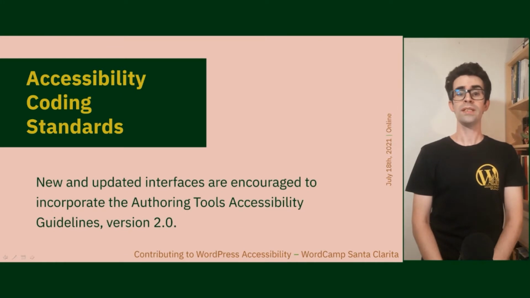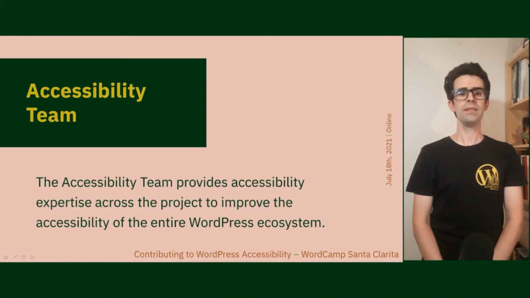Also, new and updated interfaces are encouraged to incorporate the Authoring Tool Accessibility Guidelines, version 2.0. What the accessibility team does is to provide expertise across the project to improve the accessibility of all these components. Which, if you think about it, it's a lot of work.